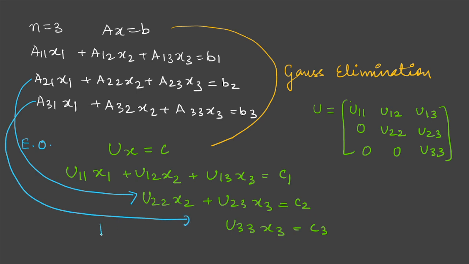So these are the equivalent equations. Equation A, equation B and equation C are called the equivalent equations to the original equations, and they have the same solution as the original equations. It was very difficult to compute our solution from the original three equations, but it is very easy to compute it from these three equations.